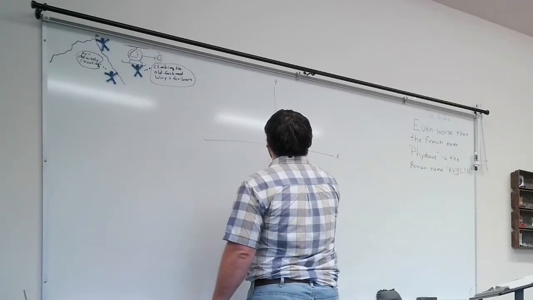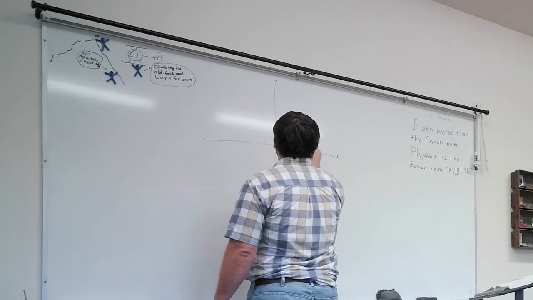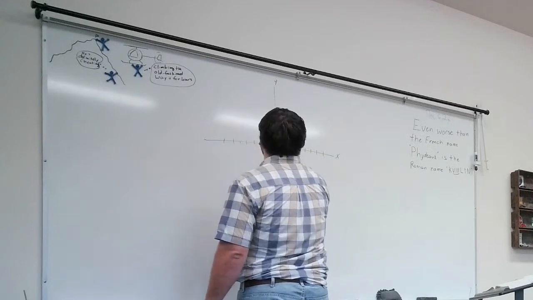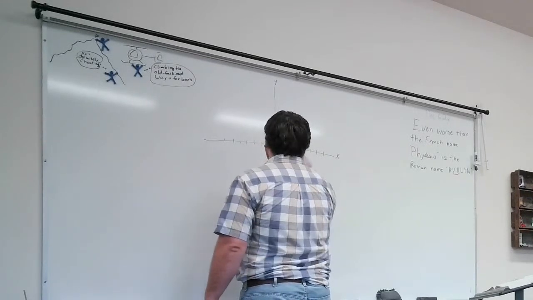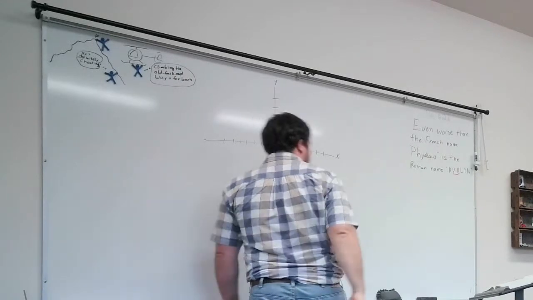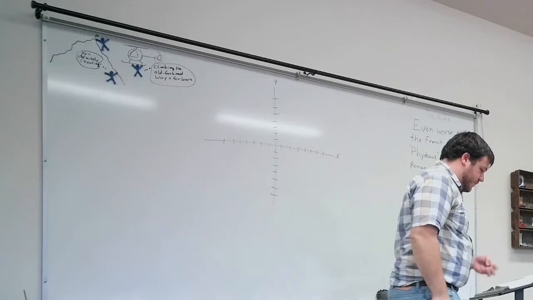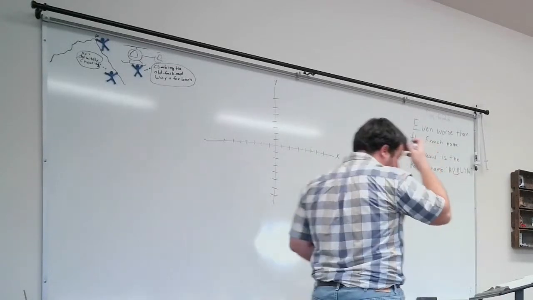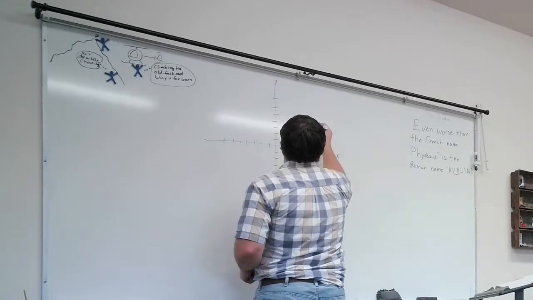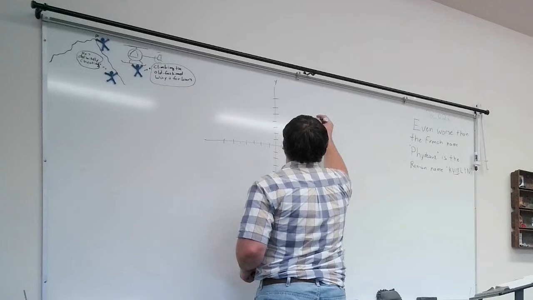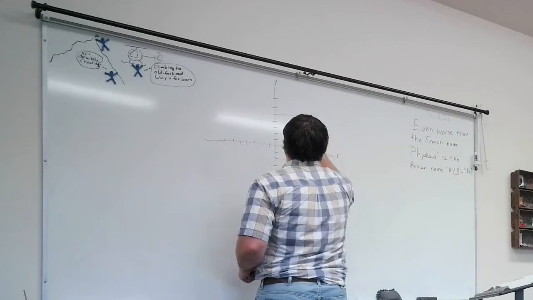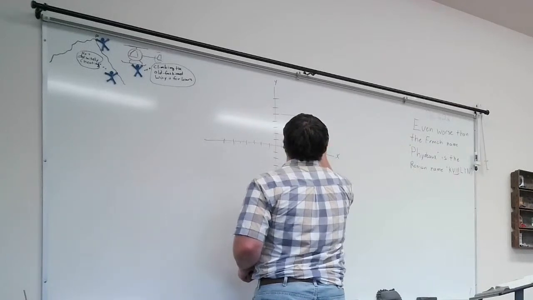All right, so we're going to go 1, 2, 3, 4, 5, 6, 7. So that's perfect. All right. So say, for example, we have a line that starts here.